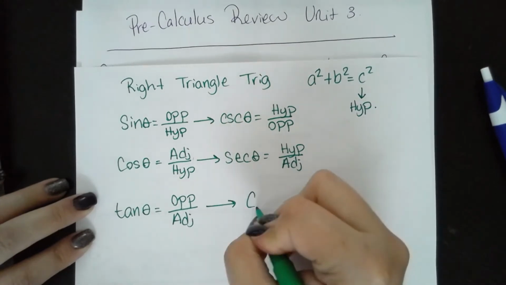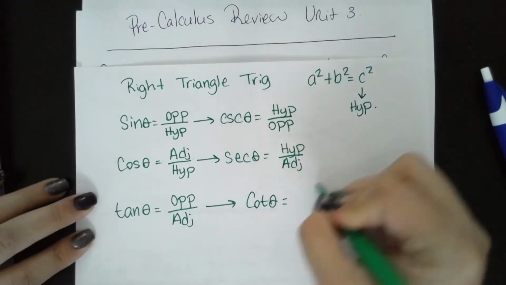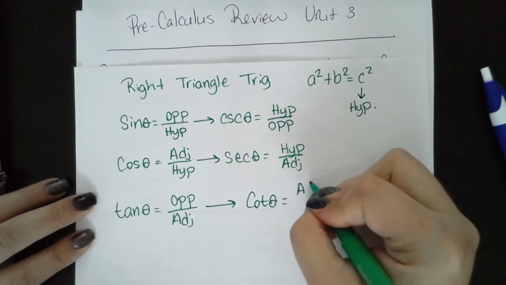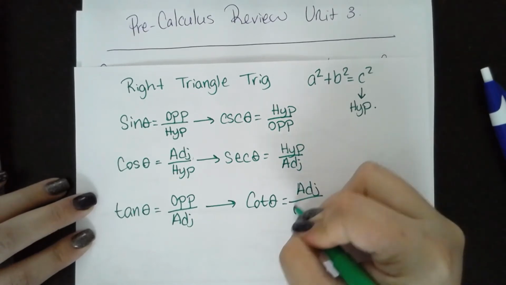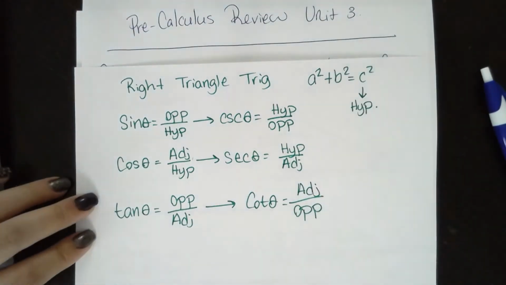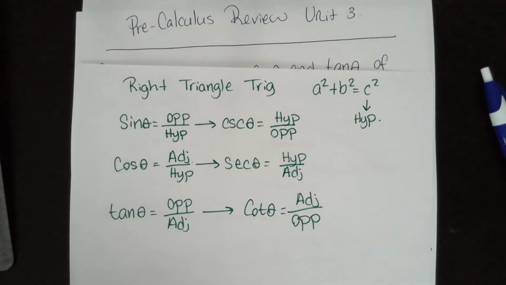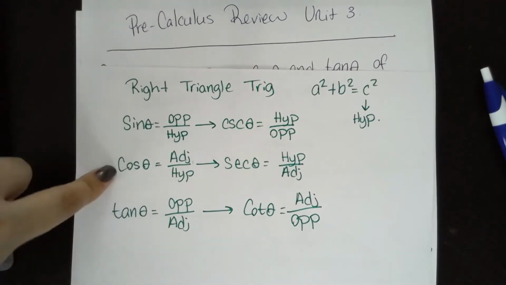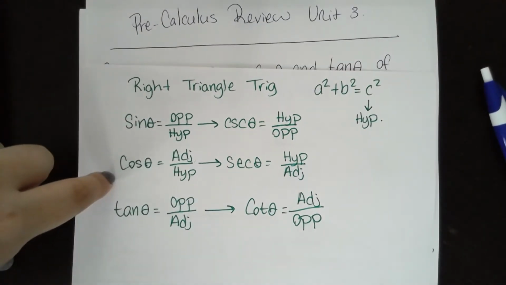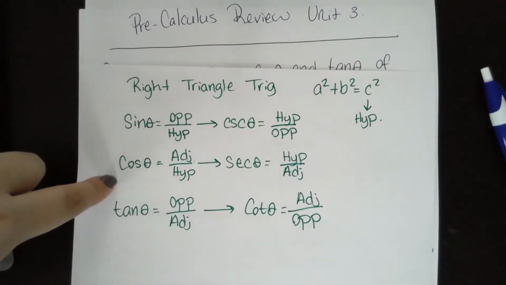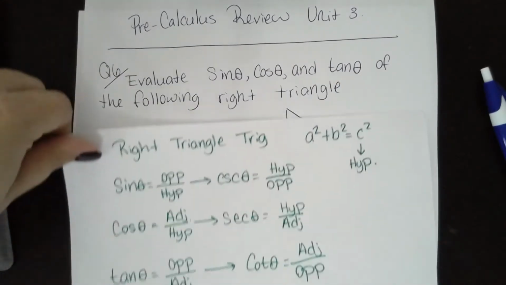So cotangent theta must be adjacent over opposite. Okay, so those are going to be the trig functions that I would put on your index card. These 6 are really important to know, and they're very commonly used with right triangles anyway.